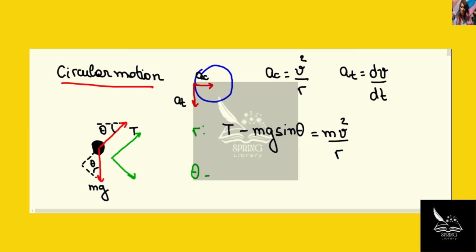And then in the tangential component, which I'm going to call theta, we only have the tangential component of the gravitational force, so it's mg times cosine of theta. This is equal to m times the tangential acceleration.